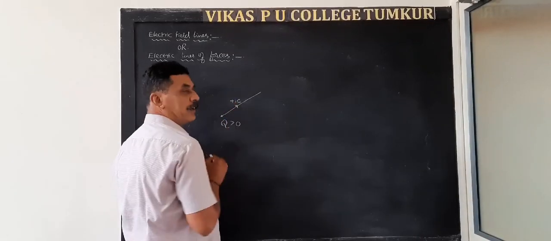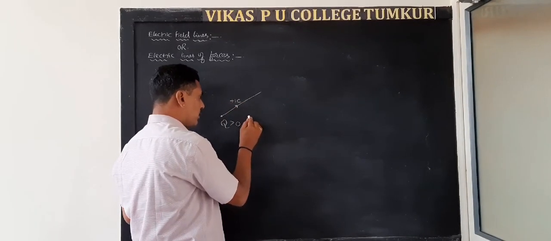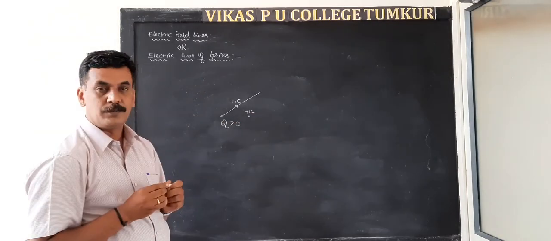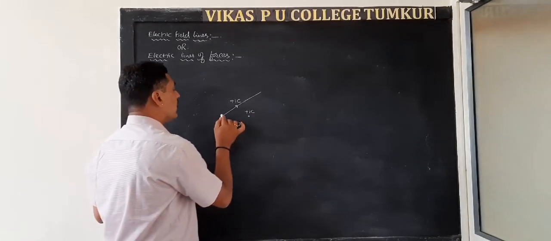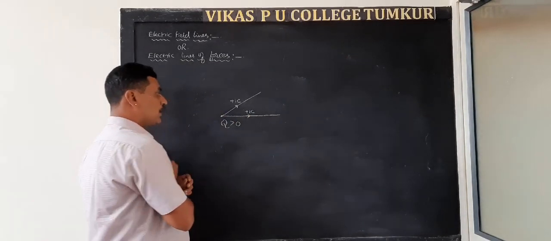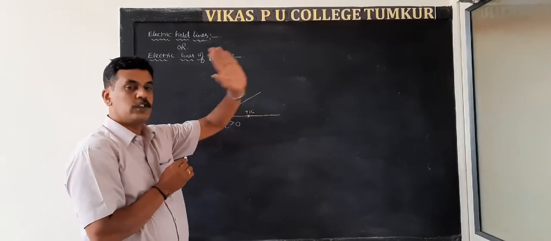Now instead of this point, if I transfer this 1 coulomb charge to another point in the electric field, even now the charge gets repelled, but along the different directions shown in the diagram.